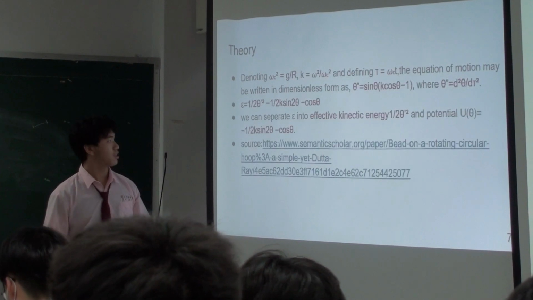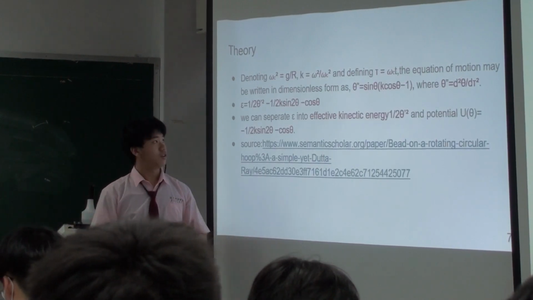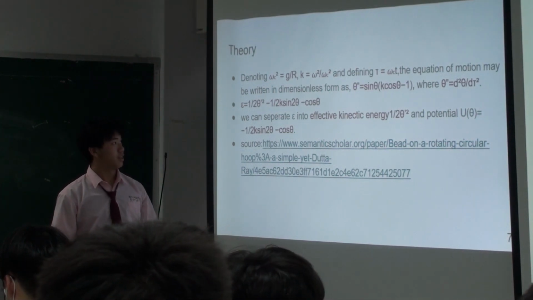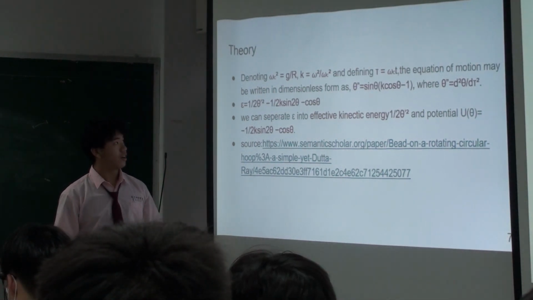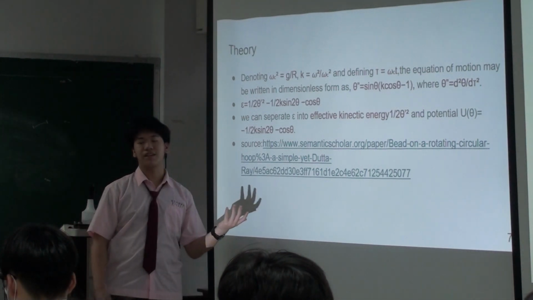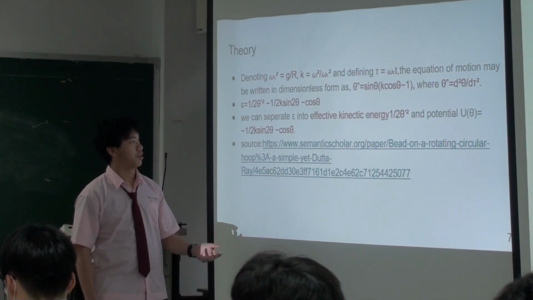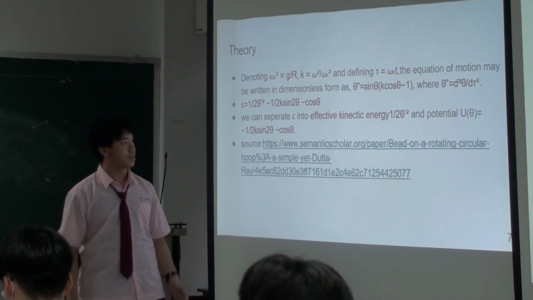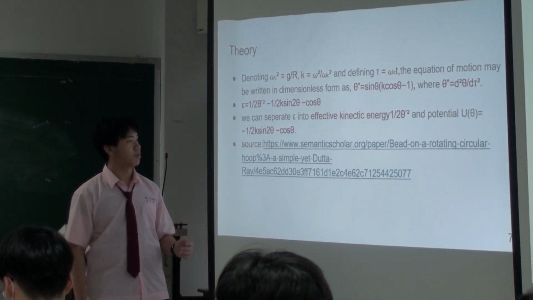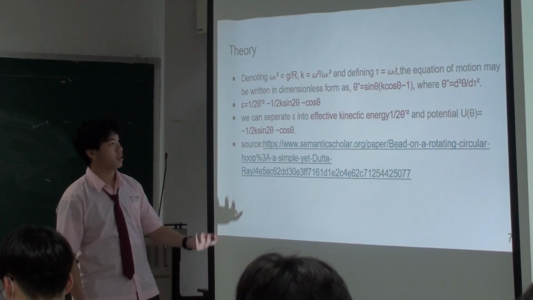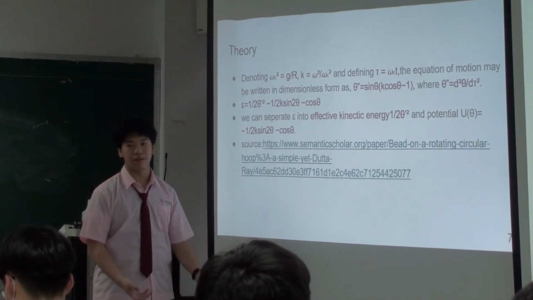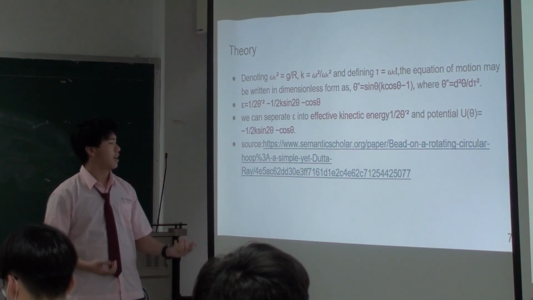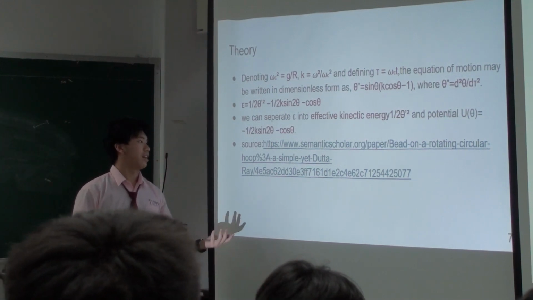Okay, next page. By denoting omega_c squared as g over R, and k for omega squared over omega_c squared, and defining tau equal to omega_c multiplied by t, we make it into a dimensionless form, so it will be easier for us to analyze.